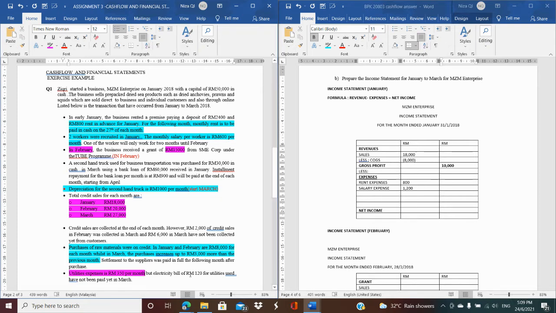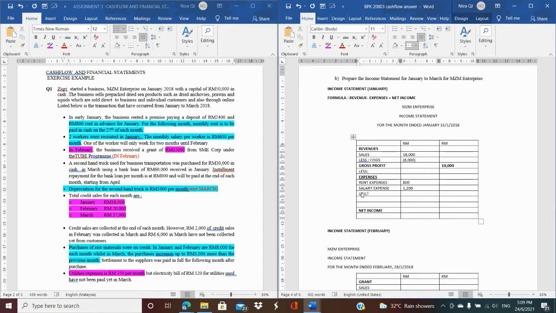This is not a condition that will be considered under the income statement, because we're going to see the usage. The usage of the utilities per month is 350. Whether you have paid it or you haven't paid it does not concern the expenses incurred.